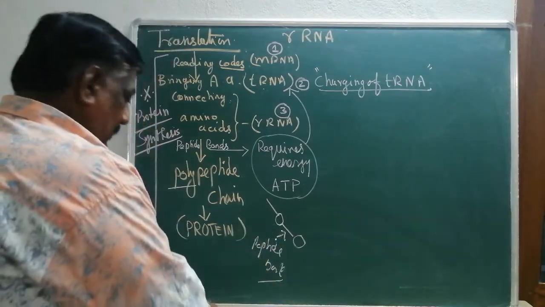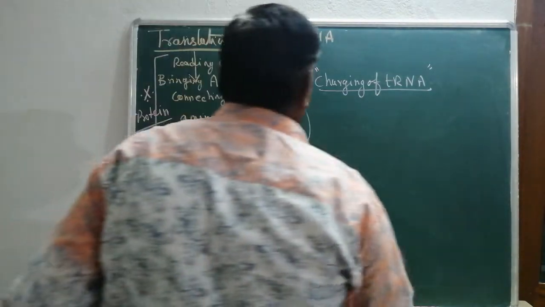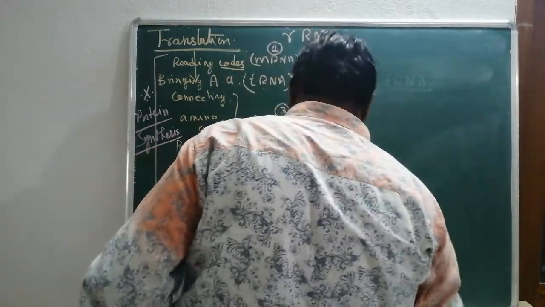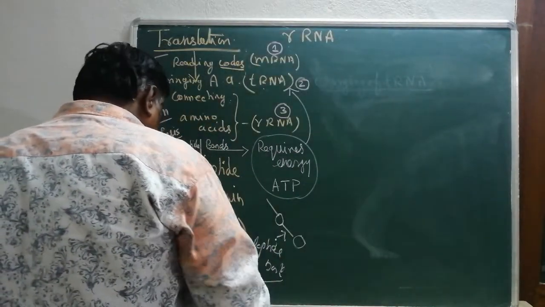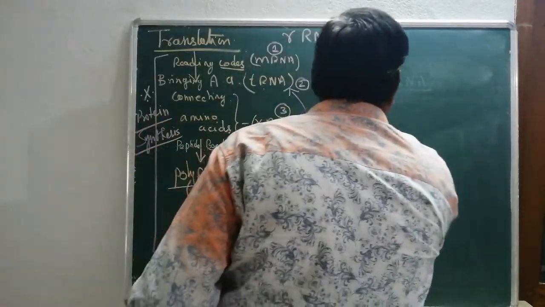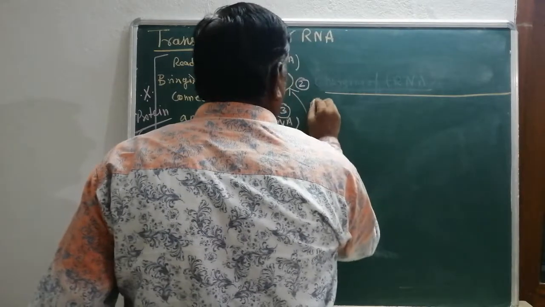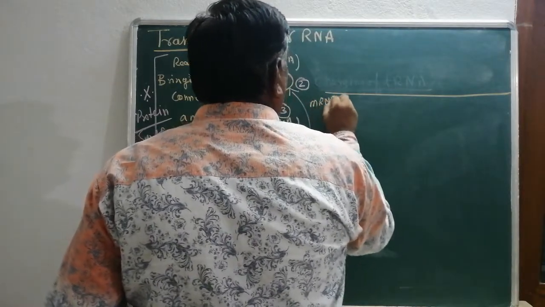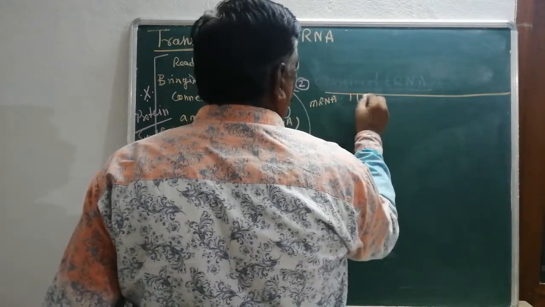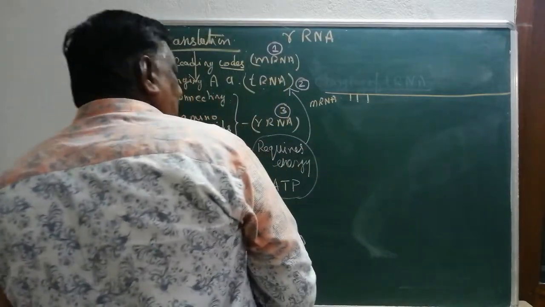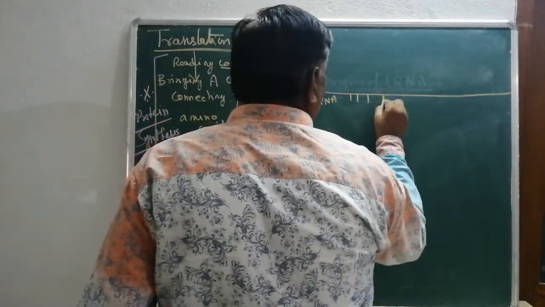Right. Now we will see it in a diagram. Suppose this is mRNA. This is mRNA. It has codes. Various codes.